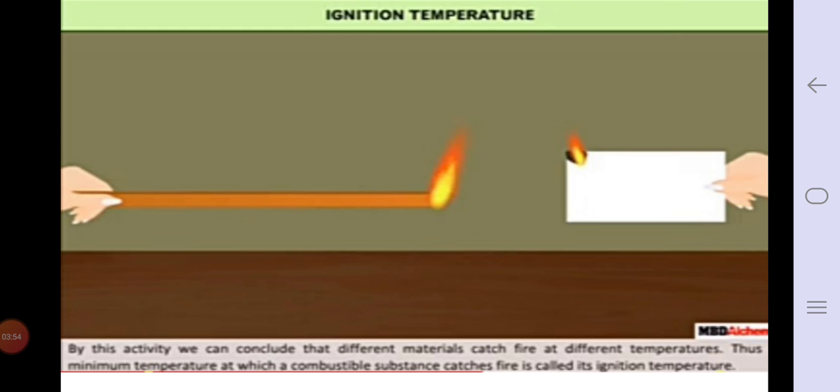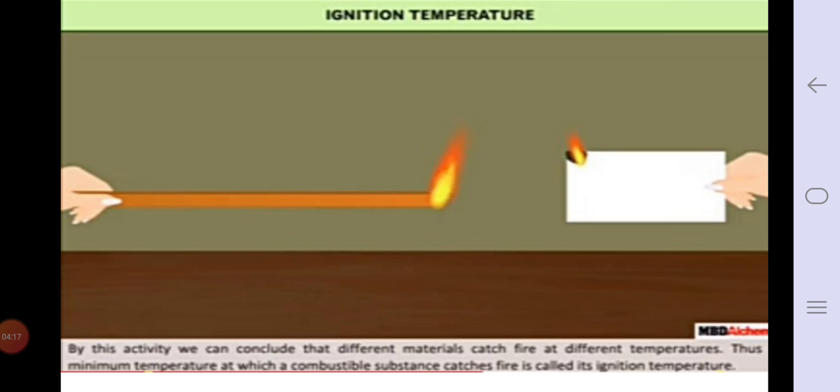Now what is given in your textbook: the lowest temperature at which a substance catches fire is called its ignition temperature. This tells us that the temperature of that combustible substance should reach the minimum level. When it comes to that level, it catches fire easily.